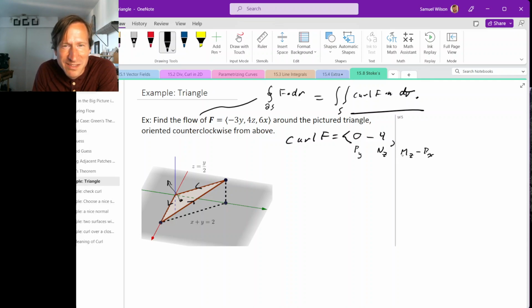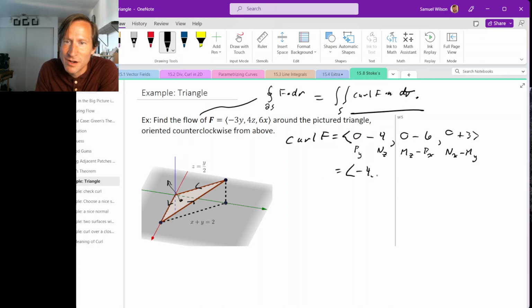So M by z is 0, P by x is 6, and then N by x minus M by y. So that's going to be 0 minus 3, so plus 3. Okay, so minus 4, minus 6, plus 3.